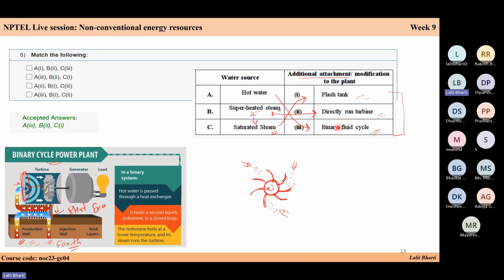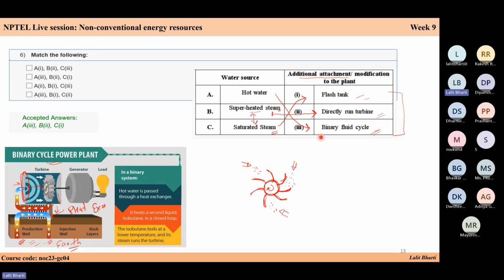The binary fluid cycle is attached to the hot water and the saturated steam will be stored in the flash tank. So B and C are both in the steam form, so they are used to directly run the turbines, and the saturated steam is stored in the flash tank, and hot water is in the binary fluid cycles.